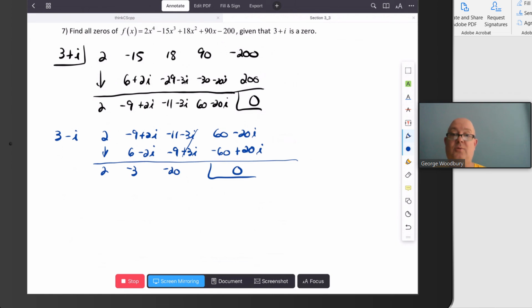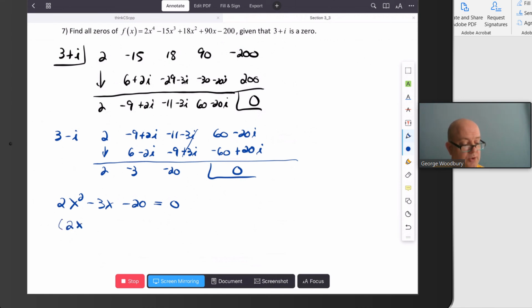So now we've gone from having to set that fourth degree polynomial equal to 0 to a second degree polynomial equal to 0. We've got it down to 2x squared minus 3x minus 20 equals 0. And again, if you can factor quadratic expressions, the finishing step here is going to be easy.